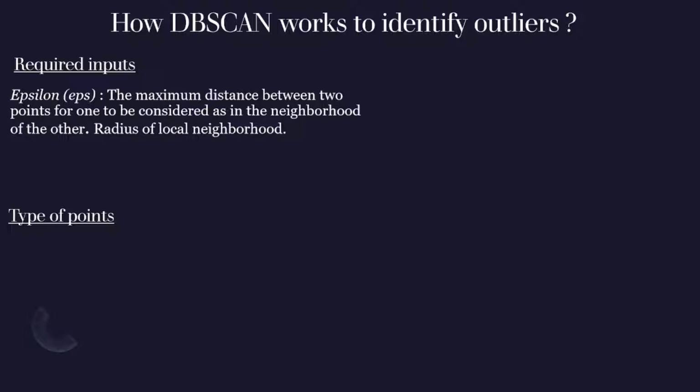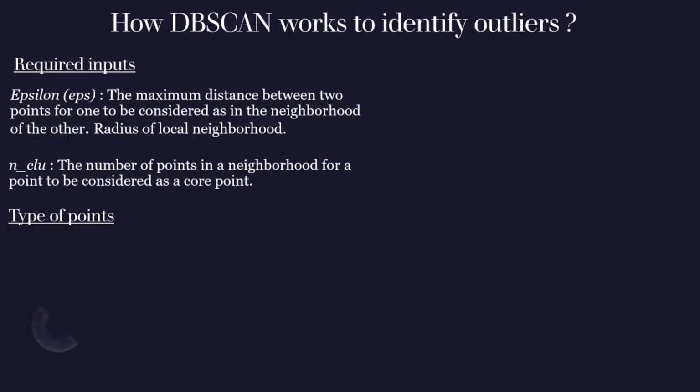The second input you need to provide is the n clue, and the n clue is the number of points in a neighborhood for a point to be considered as a core point.